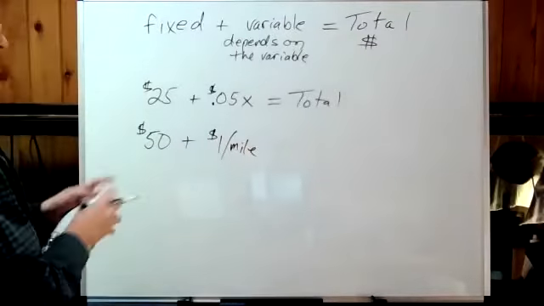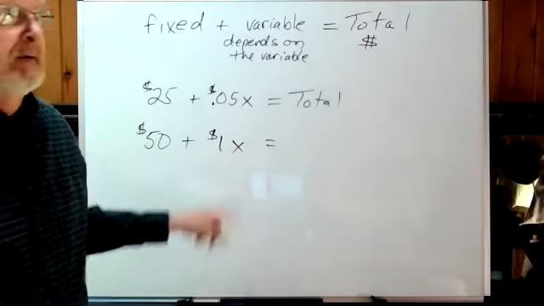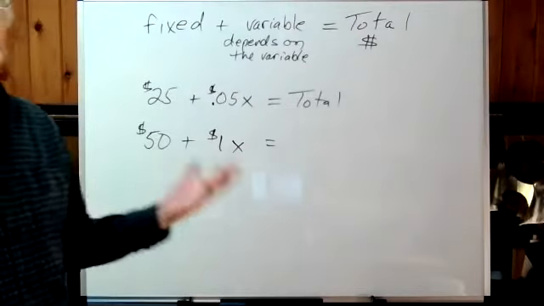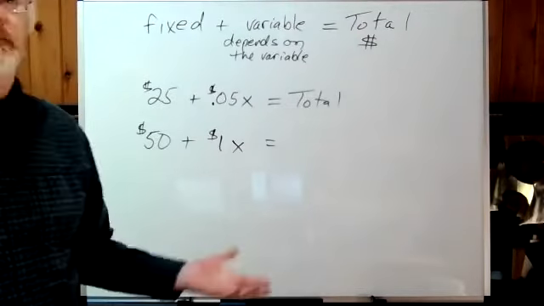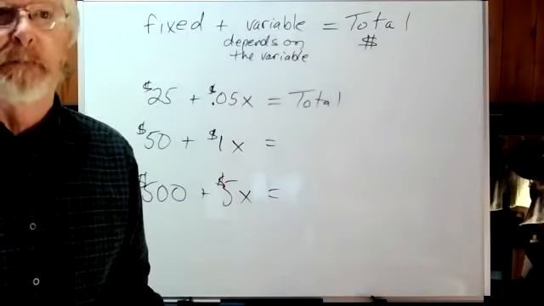There's my variable amount, and so my total depends on how many miles I drove, right? Something like that. A company might have, say, weekly, $500 in overhead, and then manufacturing costs of $5 per item that they make determines what their expenses for the week might be.